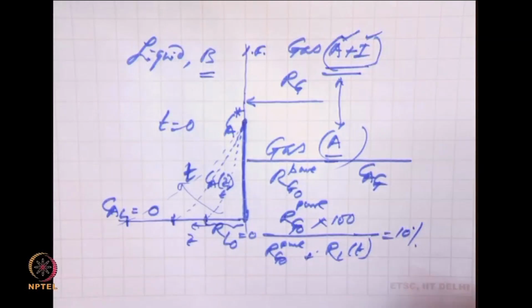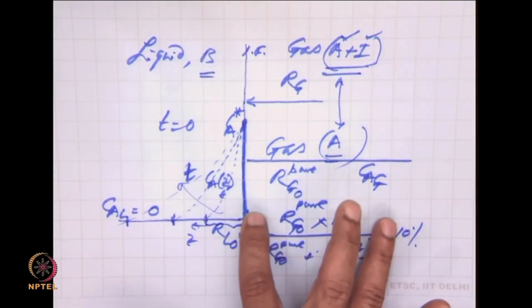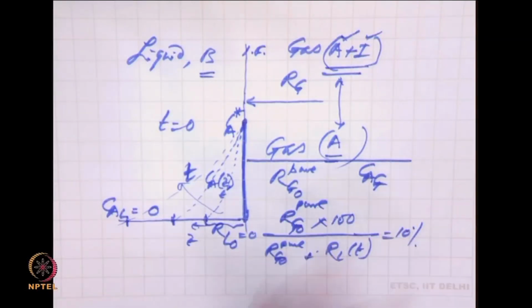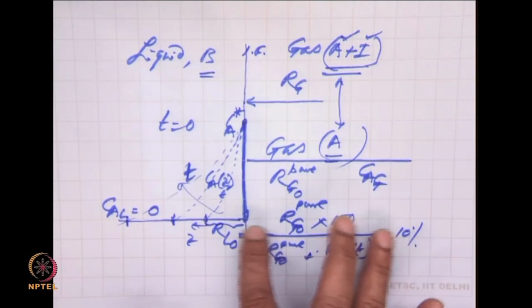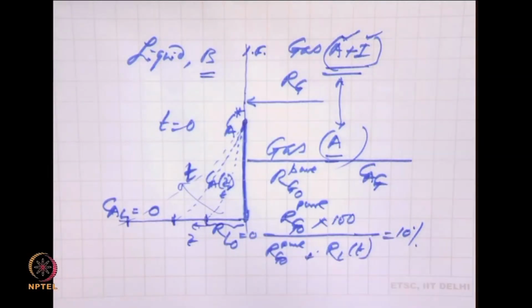So what it means is that for pure gas systems, except for that very small fraction of a second, 10 picoseconds, almost of the order of 10 raised to minus 11 seconds, the gas phase resistance is not a factor in the picture.